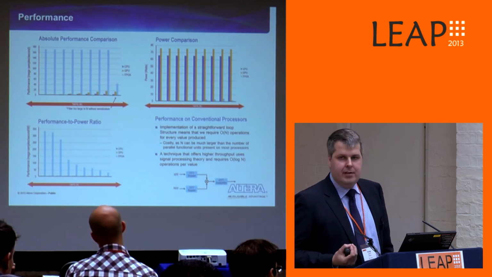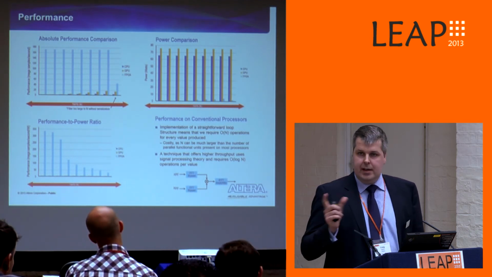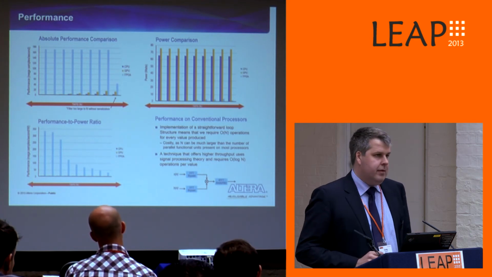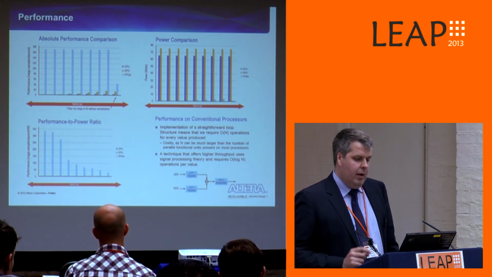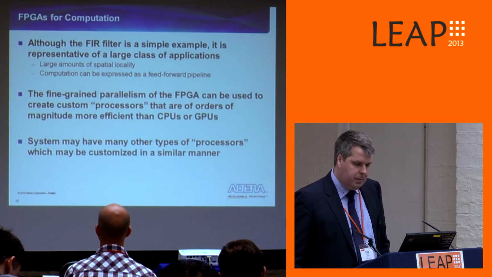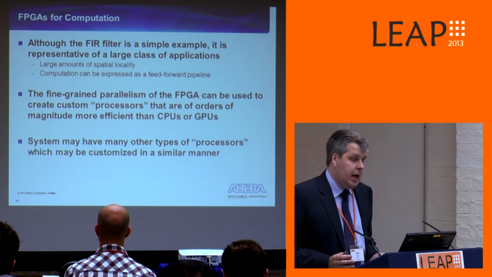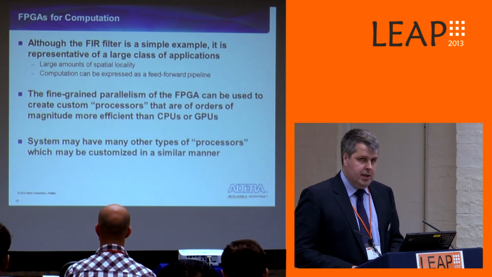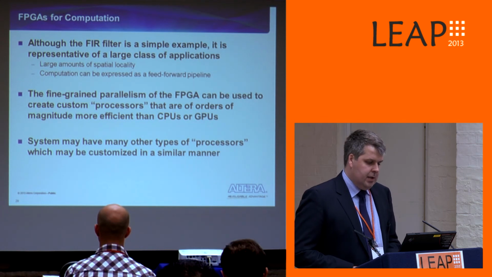There are many different applications of a similar vein to this type of FIR filter application, where it's well suited to acceleration by an FPGA. So it is a simple application, and well suited to the FPGA, but it does represent that larger class of applications.